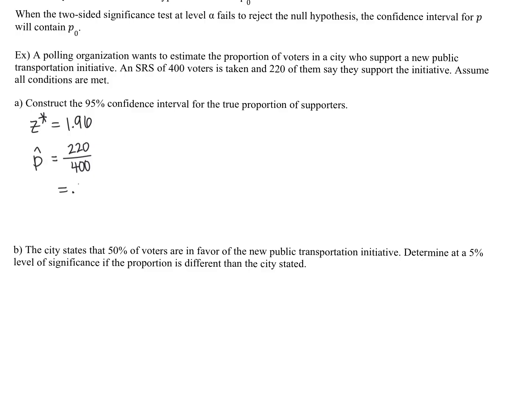Which is 0.55. So when I do my interval, it'd be 0.55 plus or minus 1.96 times the square root of 0.55 times 1 minus 0.55 all over 400.